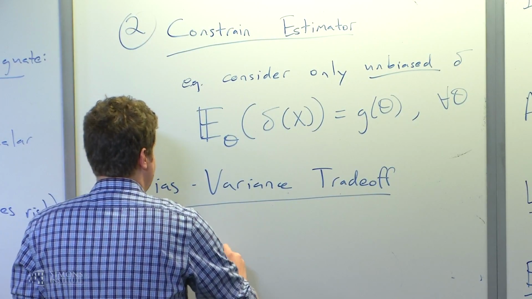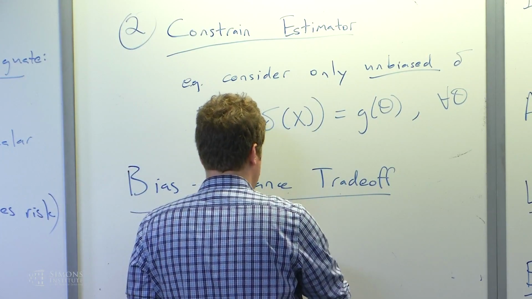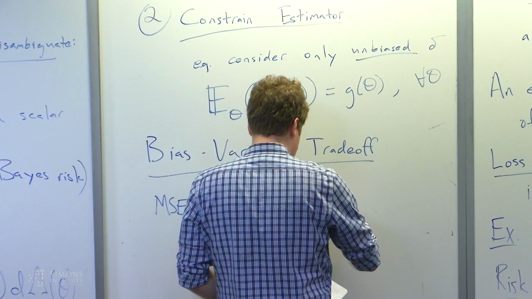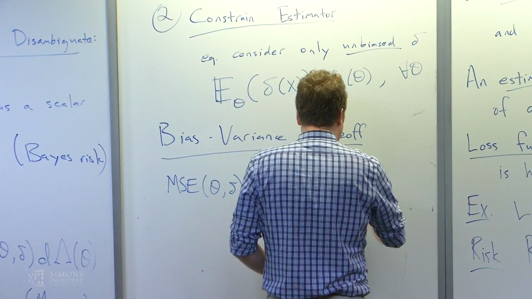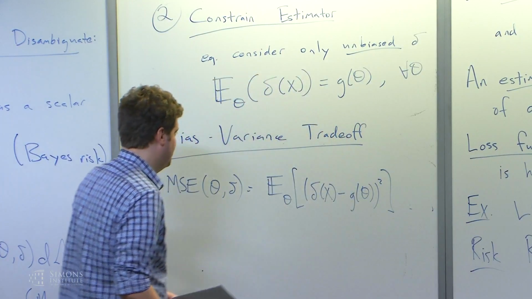So we can write the MSE of an estimator, the expectation of delta of x minus g of theta, squared.